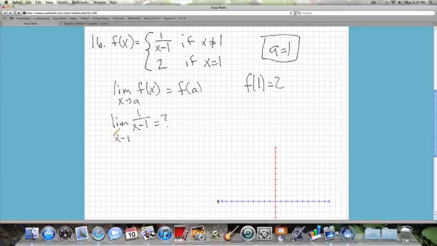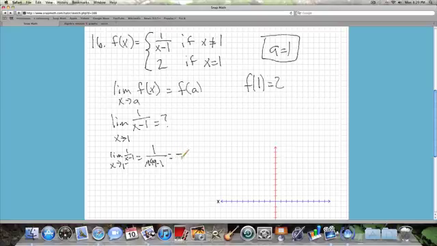So we're going to look at what's the limit of 1 over x minus 1 as x approaches 1 from the left side. If we look at it from a little bit less than 1, this is going to be a really big negative number.